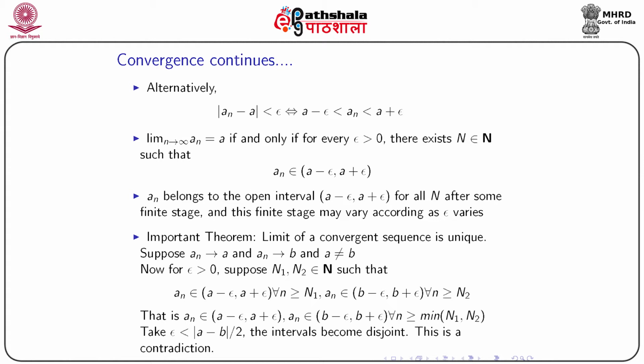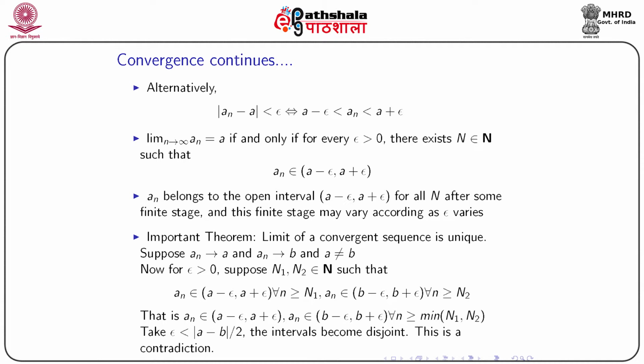Now we'll consider a few examples. First, the example we will be considering is where a_n is 1 over n. Common sense says that if n increases, this will go to 0. So the limit of a_n is equal to 0. Now we have to identify capital N such that 1 over n is less than epsilon for all n greater than or equal to capital N. It is easy to note that 1 over n less than epsilon is implied by and implies n greater than 1 over epsilon.